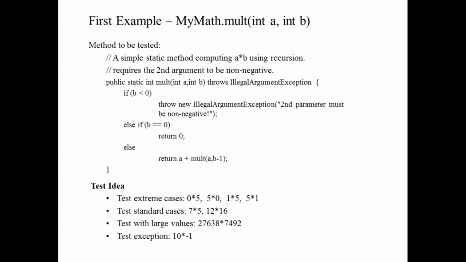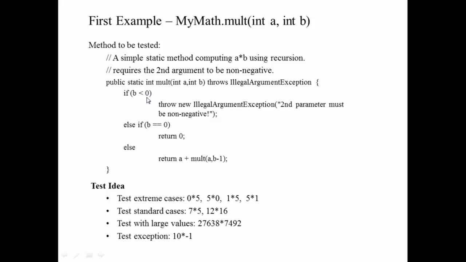Here is an example of how we can use this JUnit testing. Here we have a simple multiplication method, which takes two integers and gives us the result. However, it performs the multiplication in an iterative way, and before performing the multiplication, it checks the values.